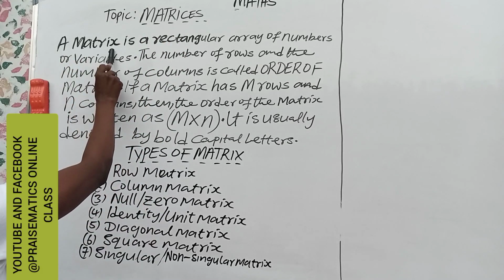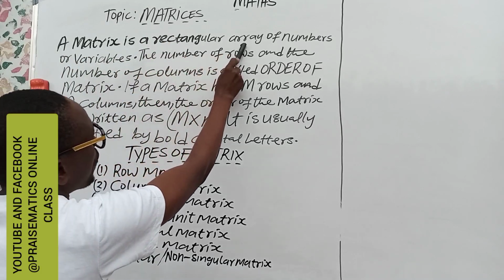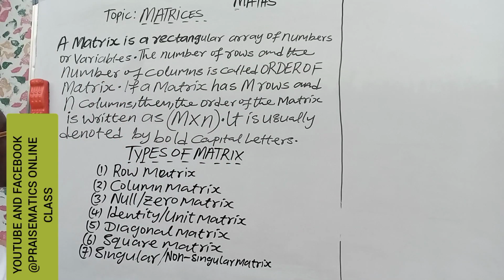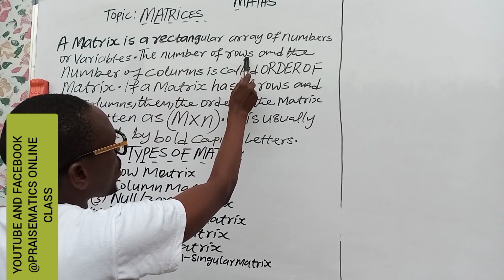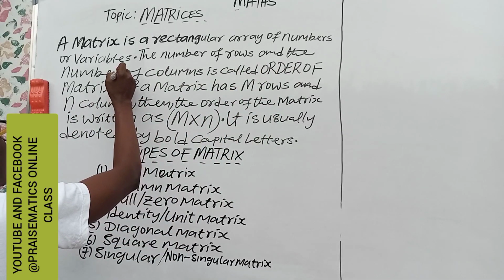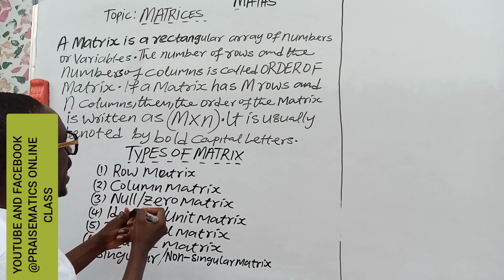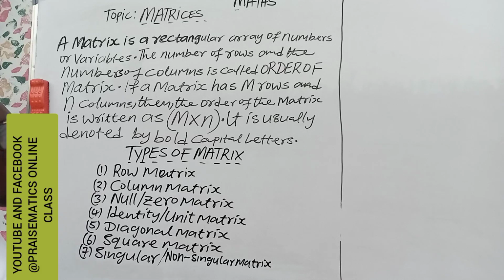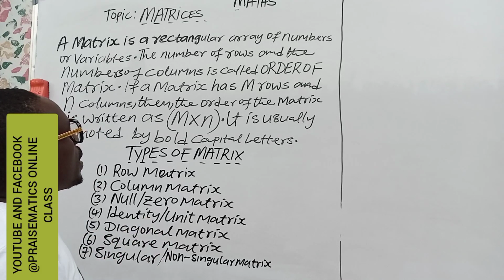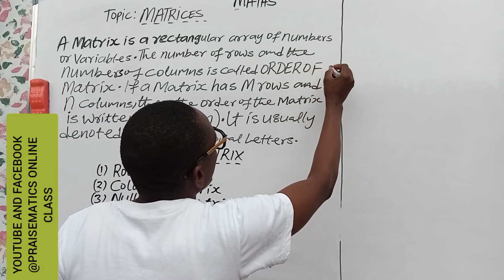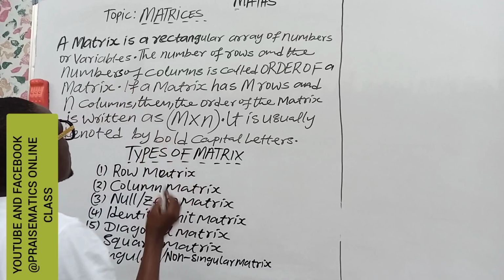A matrix is a rectangular array of numbers or variables. The number of rows and the number of columns is called the order of a matrix.